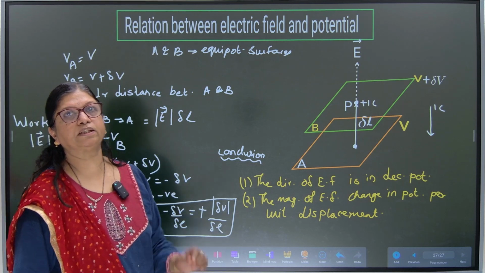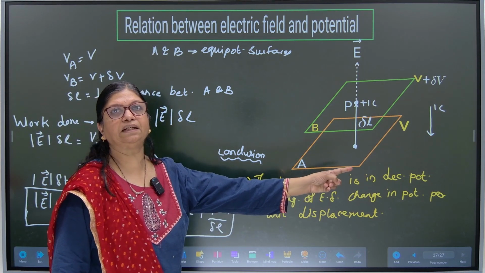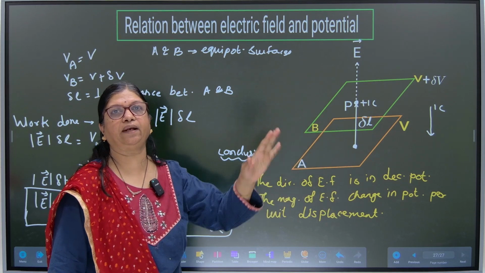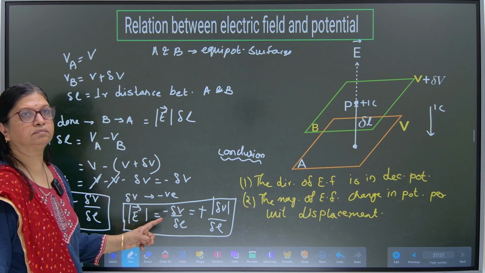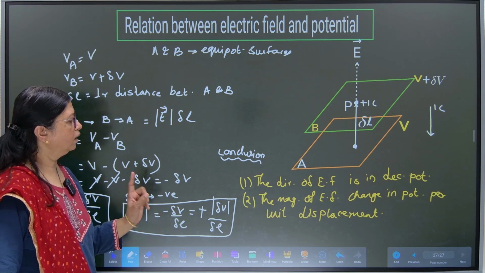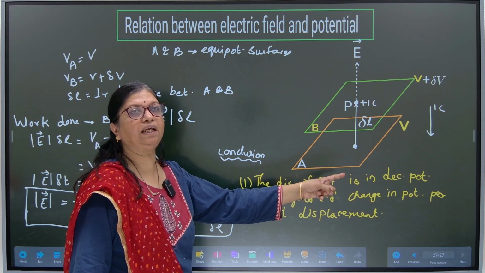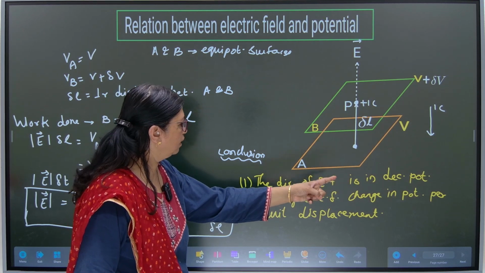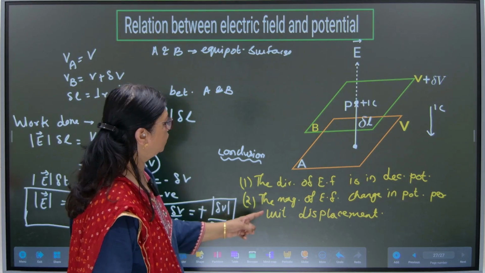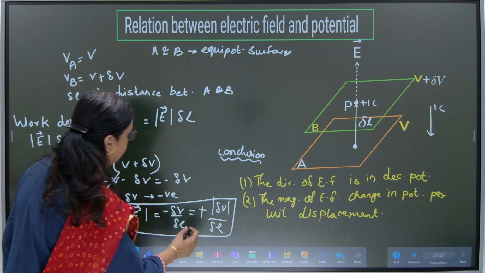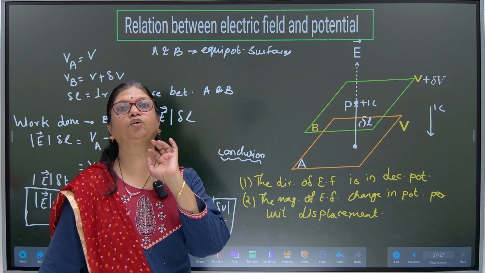Okay. What is the first conclusion? The direction of the electric field is in a decreasing potential direction. Okay. Here it is negative. Fine. Then the magnitude of electric field is the change in potential per unit displacement. That is the magnitude of the electric field.